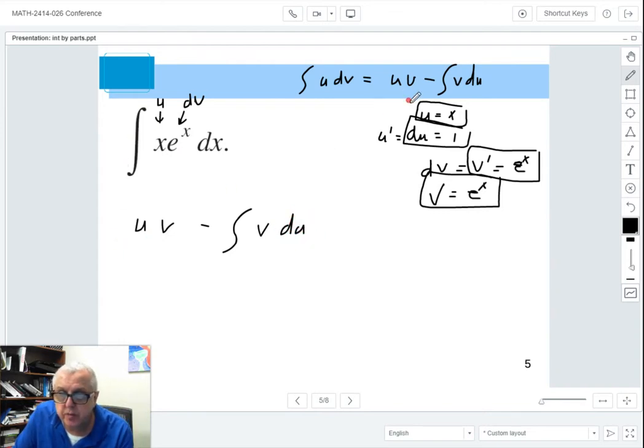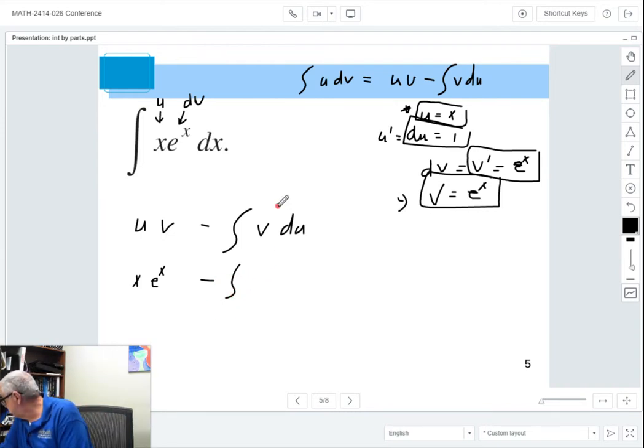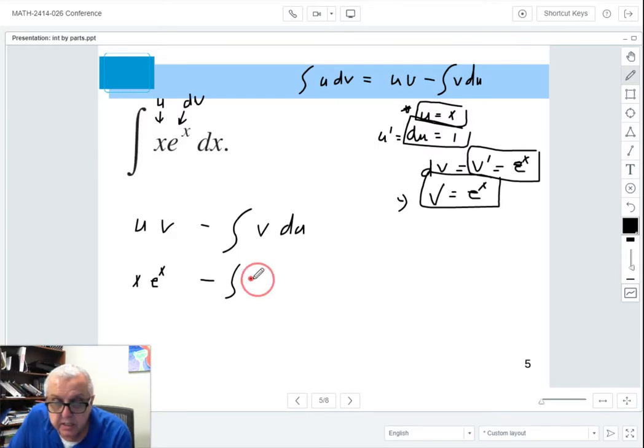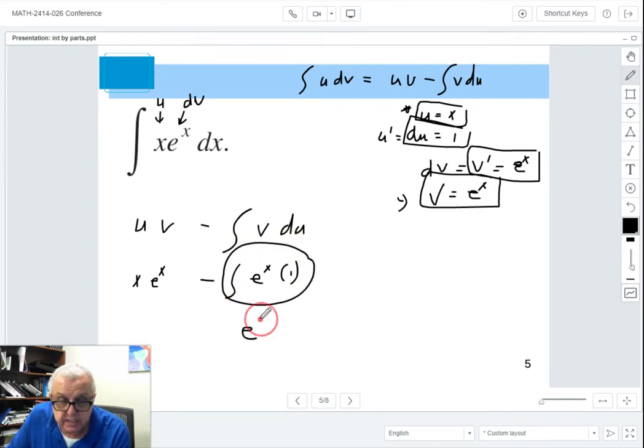So U up here is X. V down here is e to the x minus the integration of e to the x, V, and du is 1. Okay, so 1 times e to the x is e to the x. When you integrate e to the x, you just get e to the x.